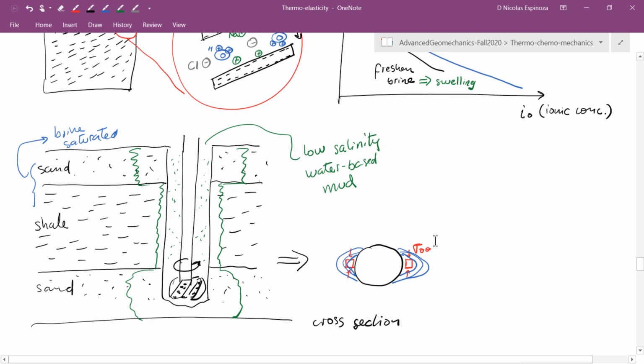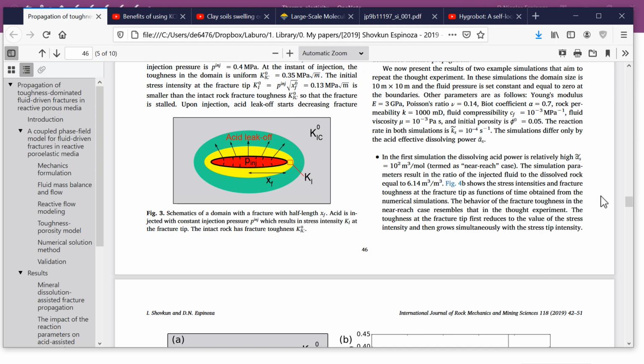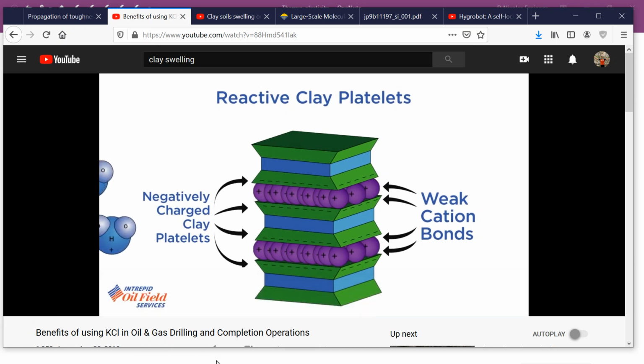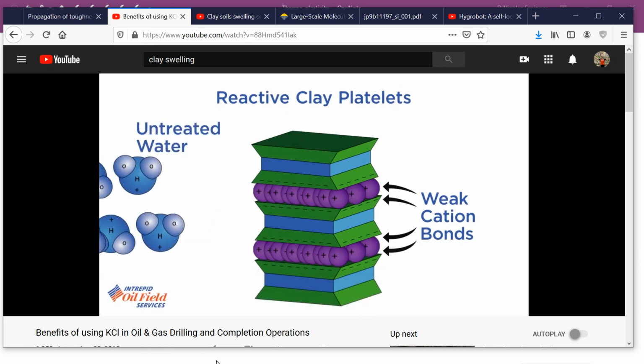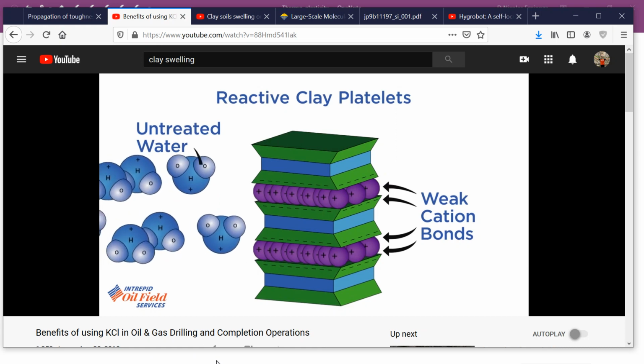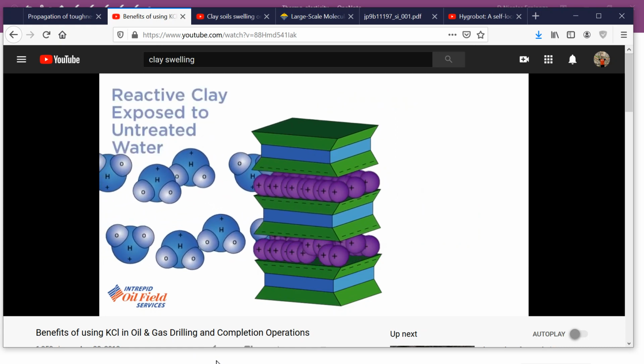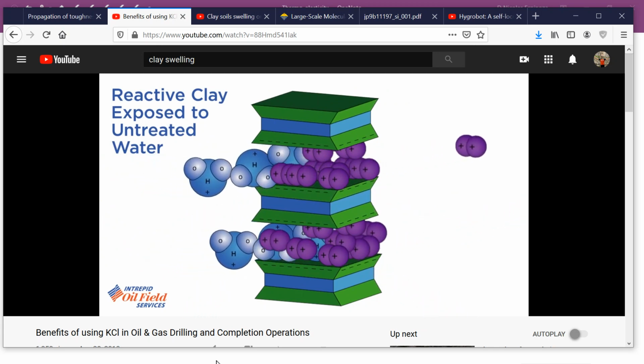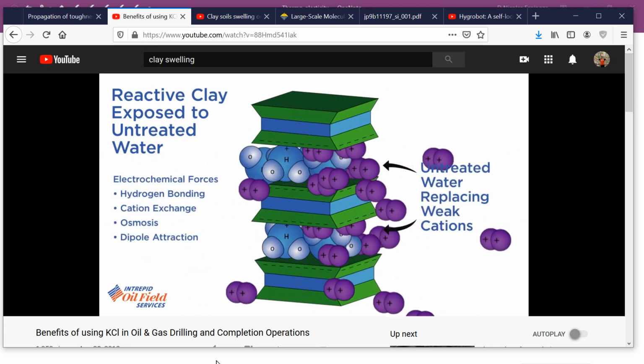Okay, so I have a few examples to share with you about this phenomenon of swelling. Let me go over here. So in this video, we see basically an animation of what I just explained before, that when the water interacts with clays, it produces an expansion of the distance between clays.